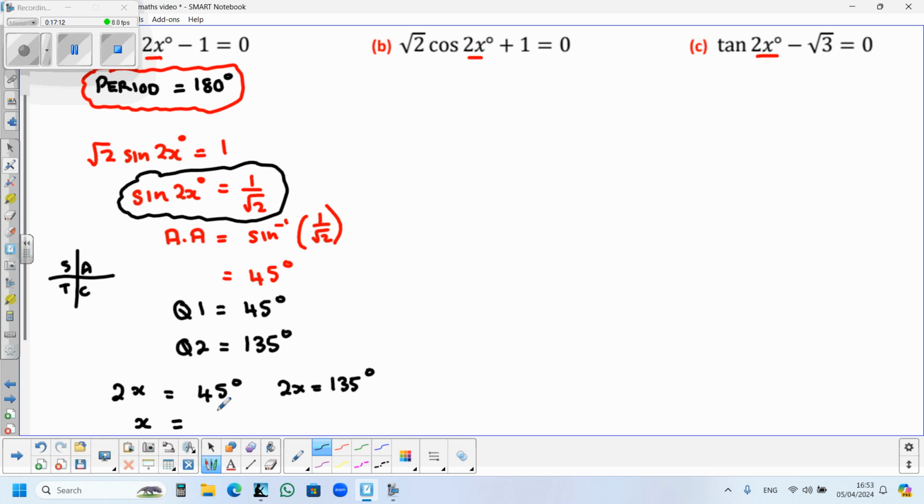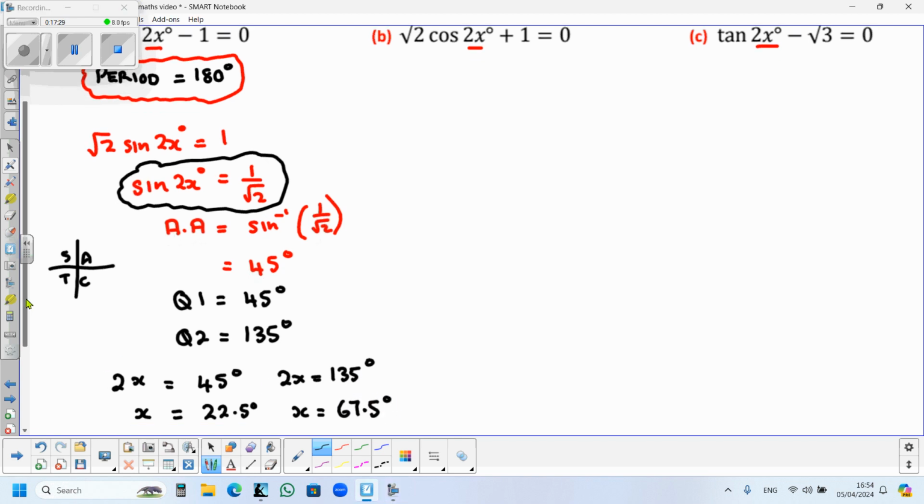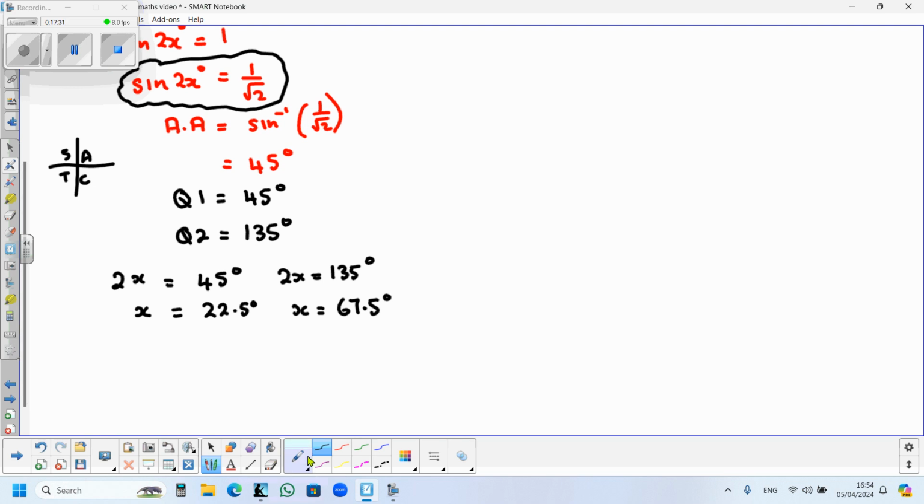So x is equal to half of 45, which is 22.5 degrees, and half of 135 gives me 67.5 degrees. Now, we're solving for x, so these are our 2 initial answers.